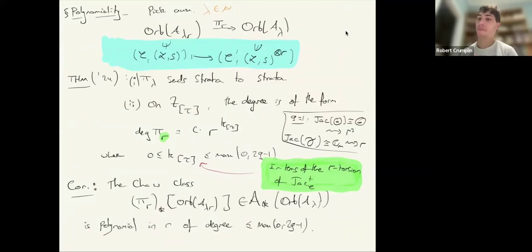So there's some way of relating r to the k tau in terms of the r torsion in an abelian variety. And we just know from the geometry of curves that the r torsion of the Jacobians of curves is a monomial. It's like r to the something related to the genus.